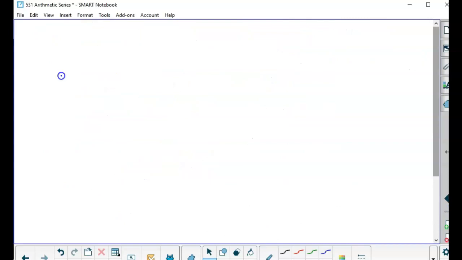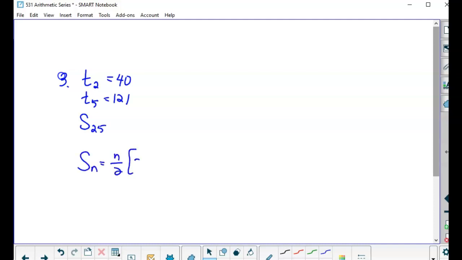On the back page, question 3, it says T2 is 40, T5 is 121, find S25. For sure in this one, I'm going to use the form where you don't need to know the 25th term, because I don't know what it is.